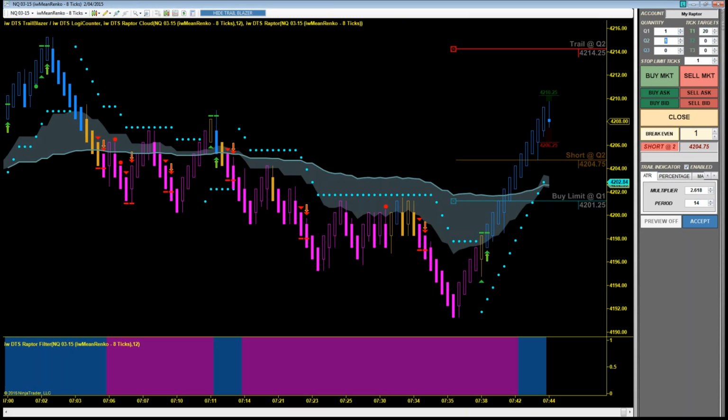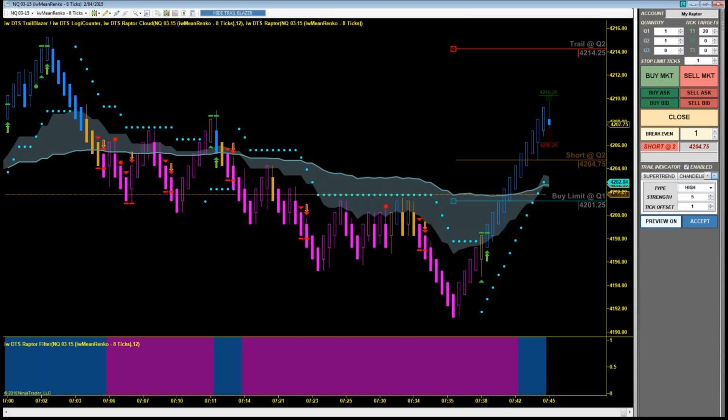Now, the nice thing about the Trailblazer is that you can preset your profit targets. So I have a preset target here. I preset my quantities. So I've actually set a quantity of 2. One contract I want to take target on 20 ticks. The other contract I'm going to leave open. So it has a 0 target. It's going to be a runner.